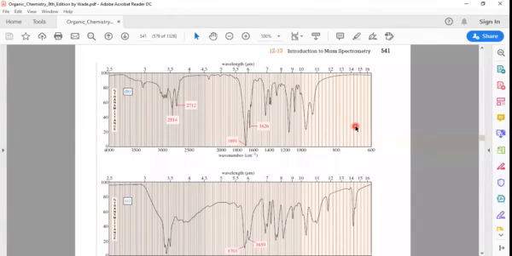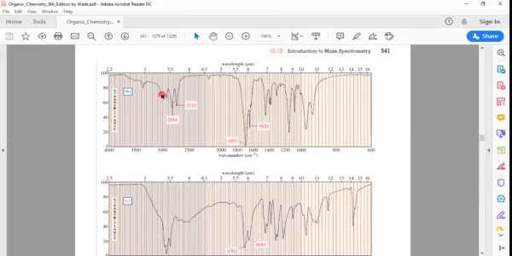Look at this spectrum and carefully observe different values. Where are different peaks? This is a very strong absorption, maybe carbonyl. Here you have these peaks, 2712, 2814, showing aldehydic carbon-hydrogen stretching.